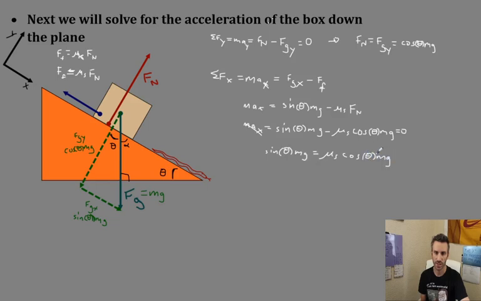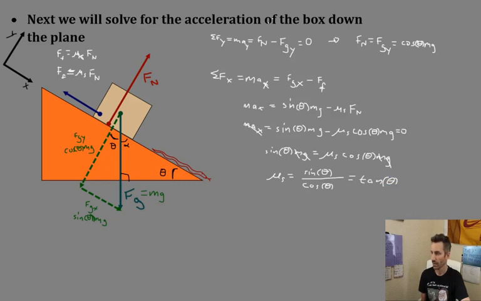And what you should notice is that, again, the m's cancel. Okay? And if I divide each side by cosine theta g, that means that mu s is equal to sine theta. Oh, wait, the g's also cancel, don't they? Okay, so it's sine theta over cosine theta. What's that equal to? Tangent theta.